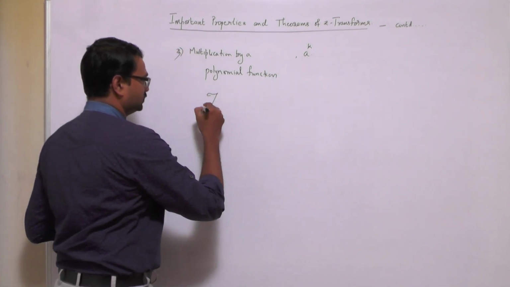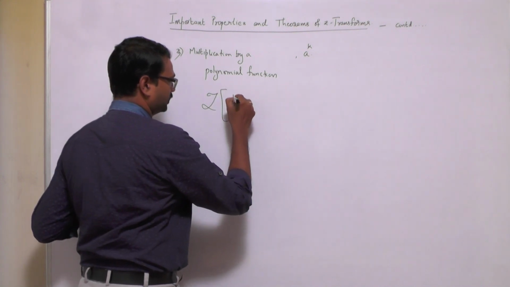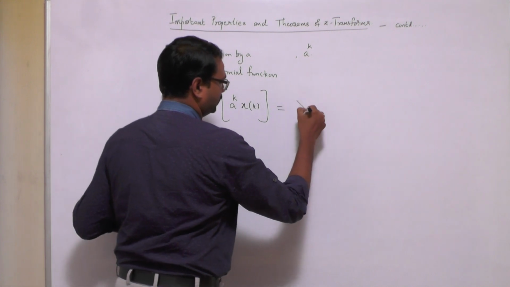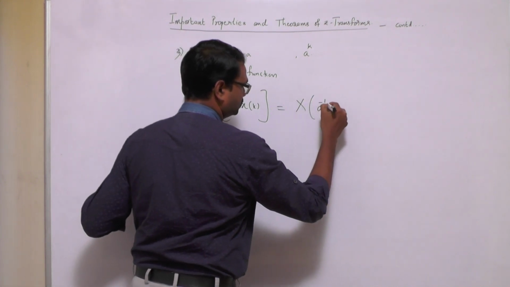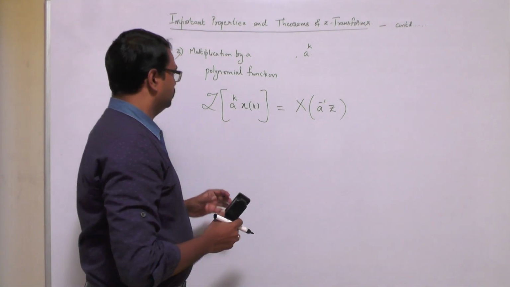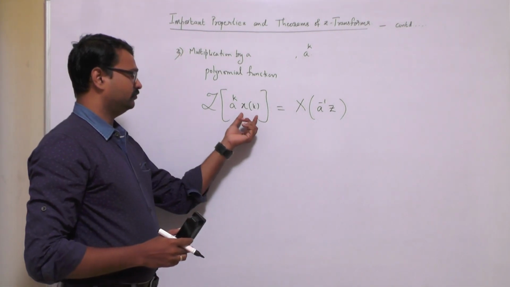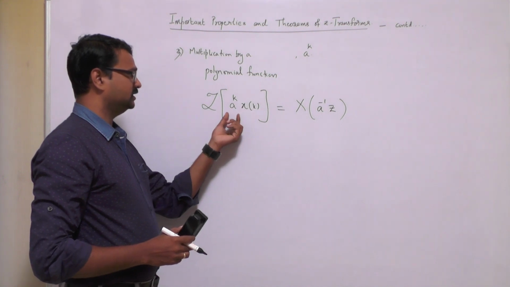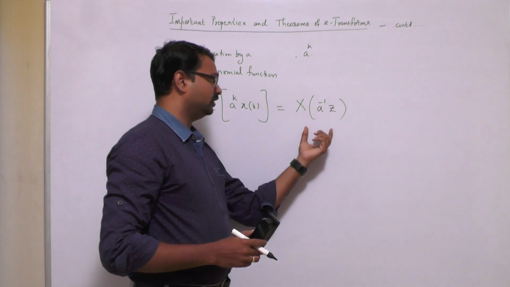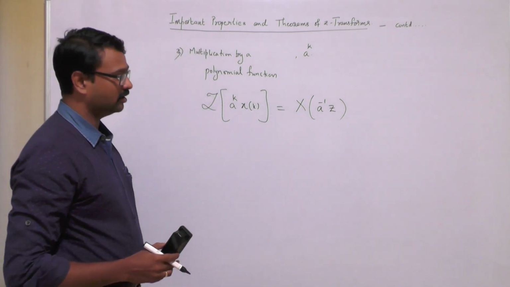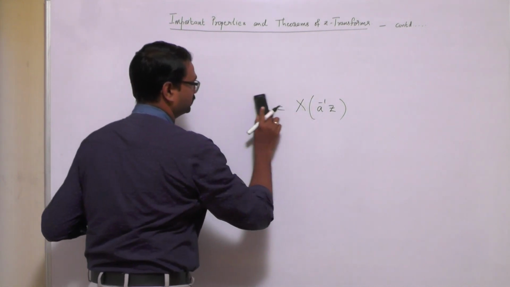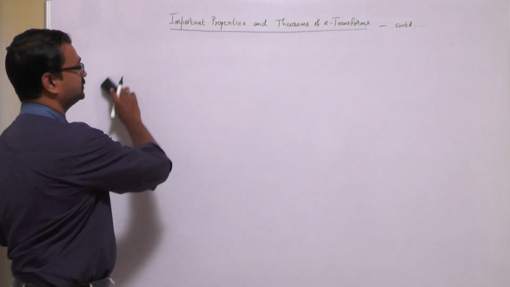Then Z transform of a power k x of k is given by x of a inverse z. This is what we have seen yesterday. When any sample data signal is multiplied by a power k, which is a polynomial function, then you have x of z by a or a inverse z. These are the important properties that we have seen in our previous class.